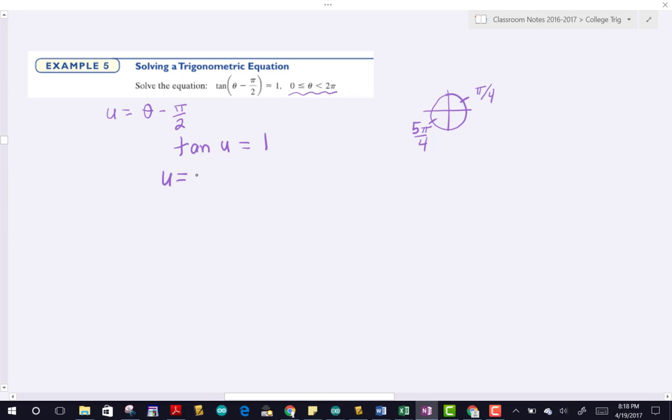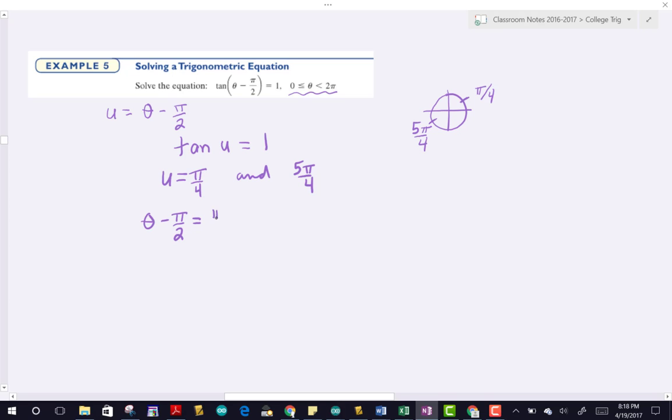We have u equals pi over 4 and 5 pi over 4. We have to substitute theta minus pi over 2 back in for u.